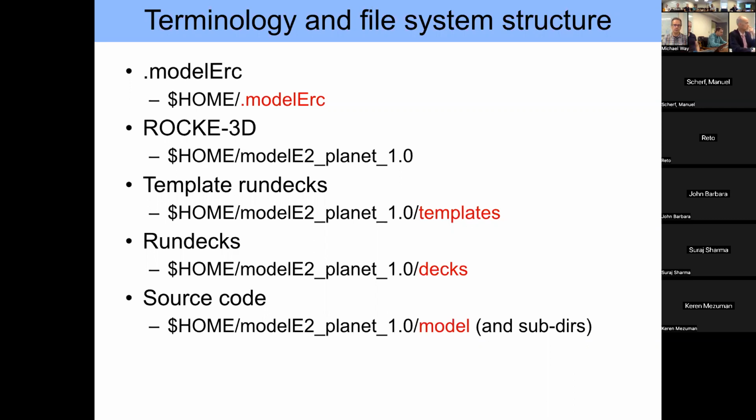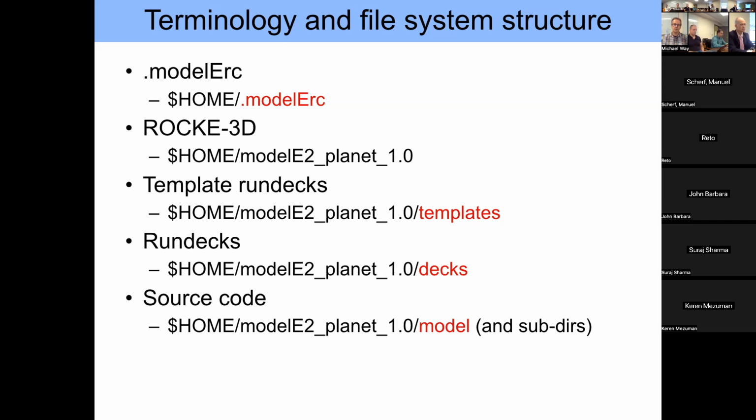This file contains all the configuration that the model needs to know in order to be able to compile the model. So things like which compiler you are using, where the libraries are, whether you use MPI or not, and where to save the output, things like this. Everything is in there, and the model is referring to it at compile time to create the actual configuration to run.